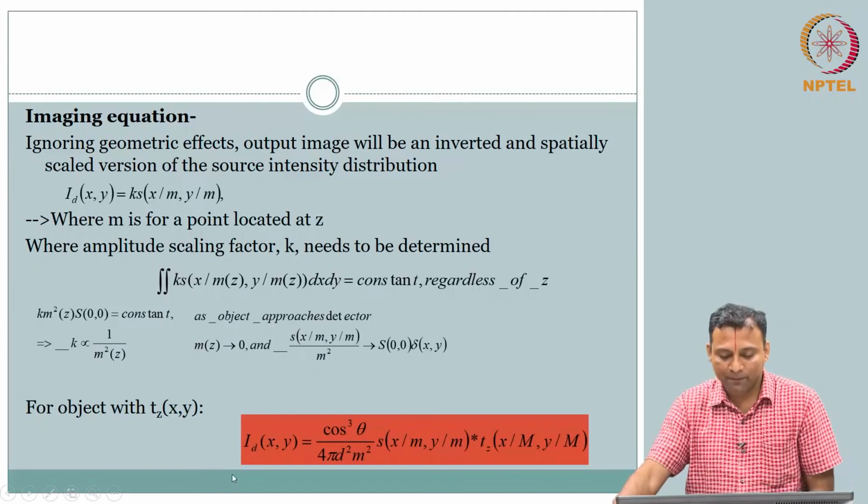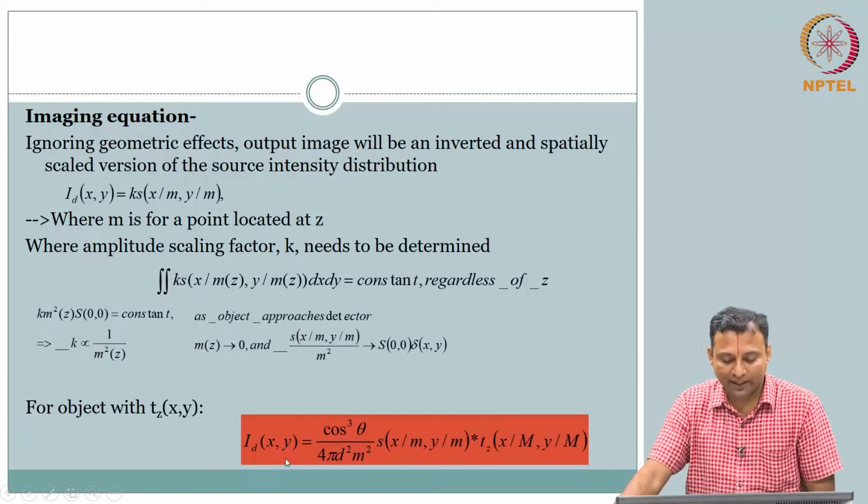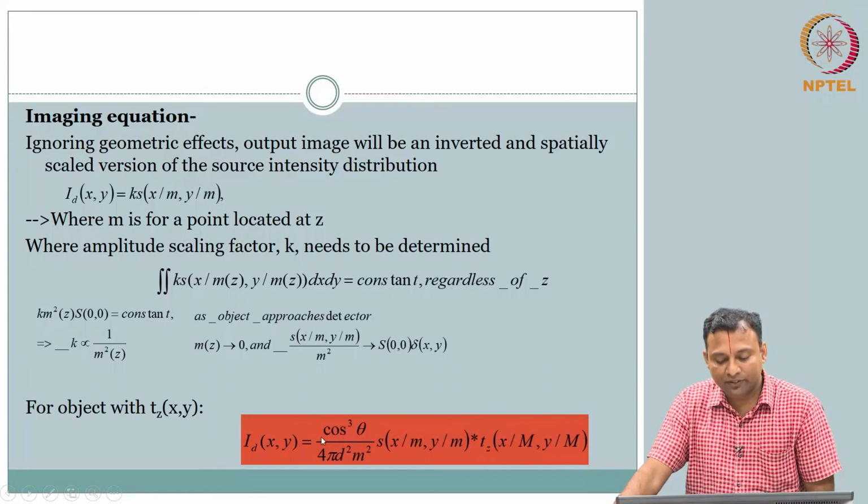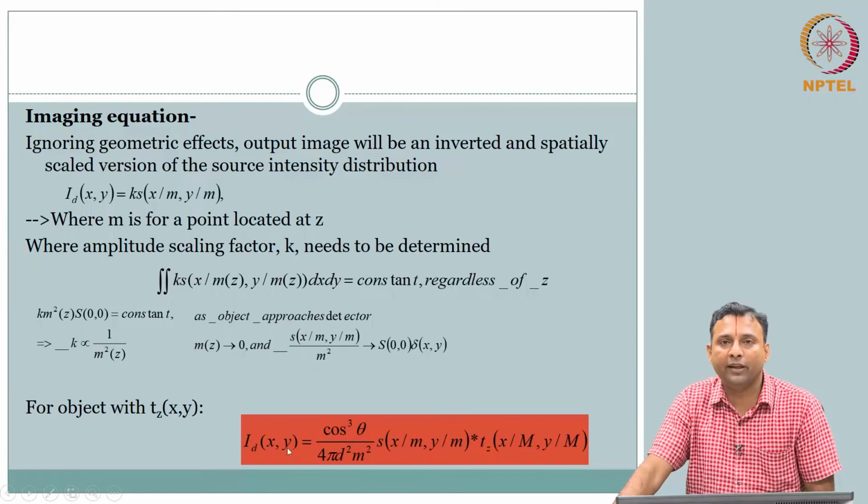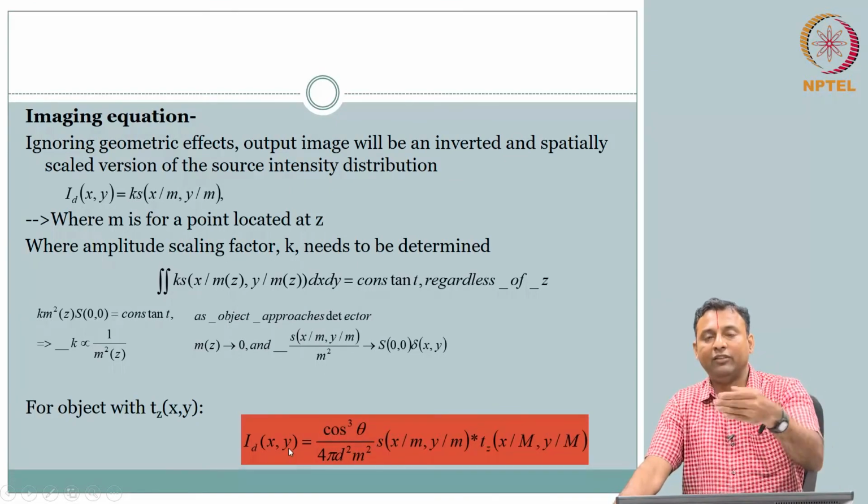So we will have id of x comma theta, with other things incorporated, cos cube theta by 4 pi d square, so we have also incorporated the inverse square law.